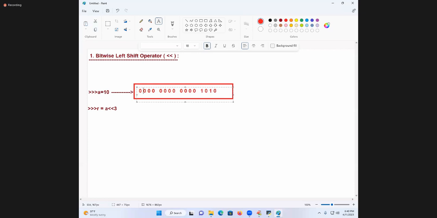Are you able to follow? Students, carefully follow and don't be in a hurry at all. I'm taking the zeros, and here I'm taking 10 like this. This is my given data.